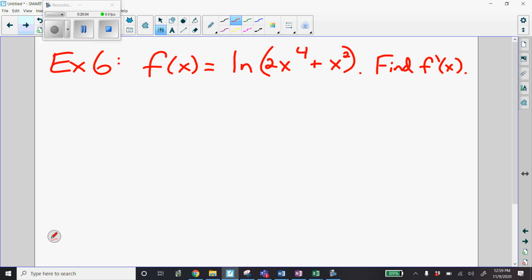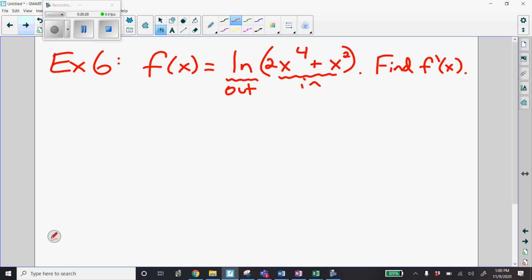So if we're going to let f of x equal the natural log of 2x to the fourth plus x squared, I want to find f prime of x. Again, by now you should be used to identifying inner and outer functions. Our inner function here is 2x to the fourth plus x squared. Here's my inside. My outer function is ln x.